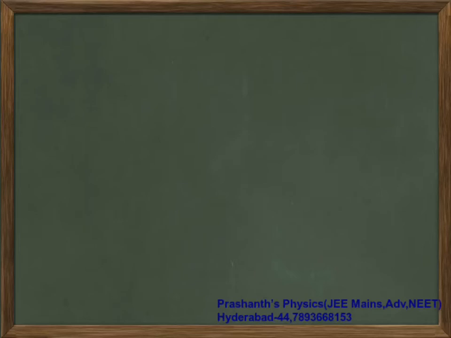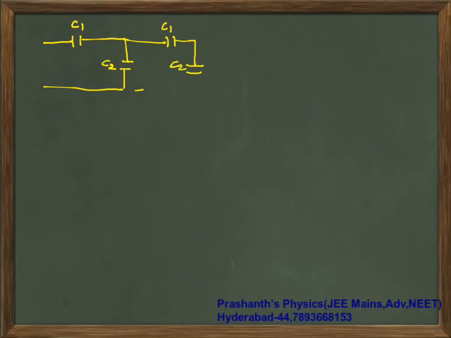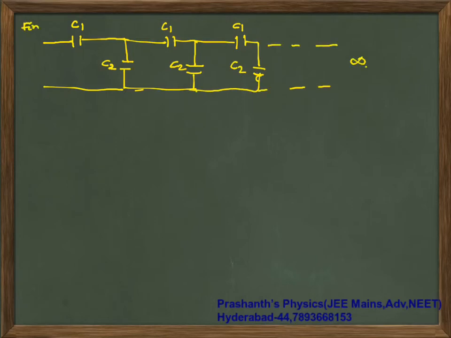So if you have an infinite ladder network of capacitors like this, C1, C2, exactly in a similar way we will do it, but here your definition of series and parallel will be different. So this is C1, this is C2, and let us say the circuit is repeating like this up to infinity, and you are supposed to calculate the equivalent capacitance.